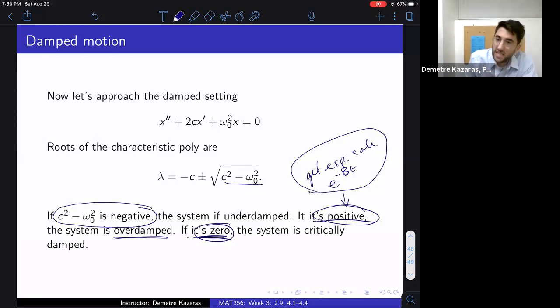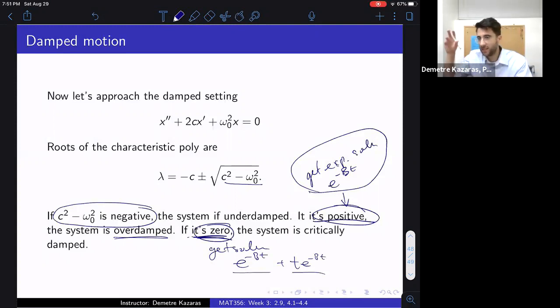If what's underneath the radical is 0, then you have a repeated root situation, and you get solutions that look like e to the minus bt, or t e to the minus bt. Which is a similar kind of behavior.